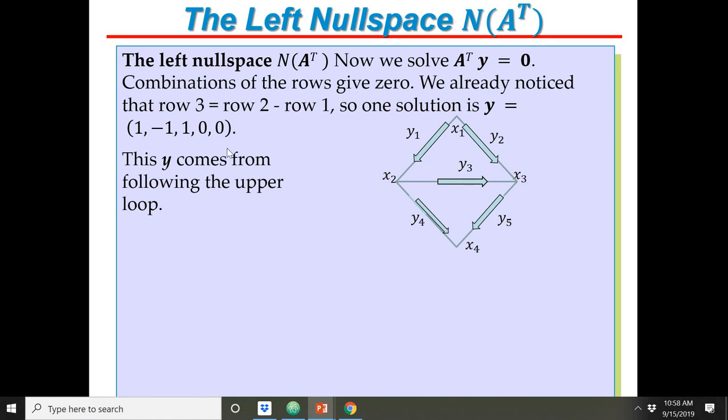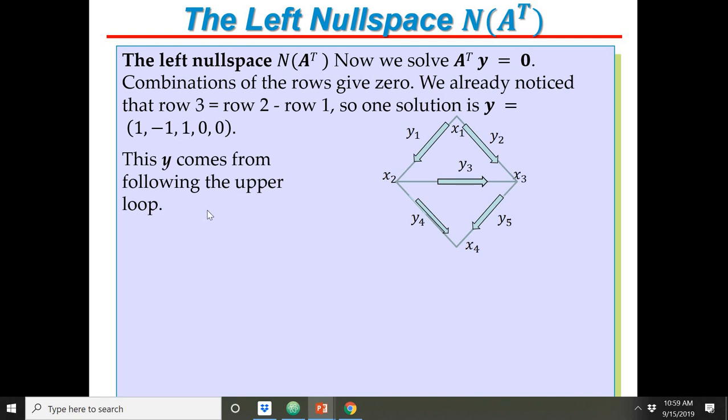Actually, if I can go back here, if you remember the dependencies between rows, we said an easy way to say something about it is that if the currents form a loop, then the corresponding rows or currents depend. So you can actually see this basis vector corresponds to the loop y1, y3, y2. And if you follow the direction of the currents, you have plus y1, plus y3, and then y2, if you go around the loop, is minus 1.